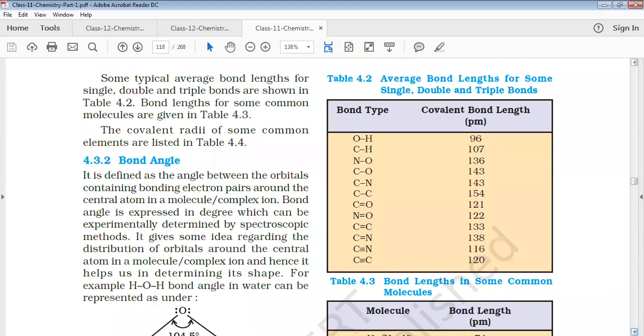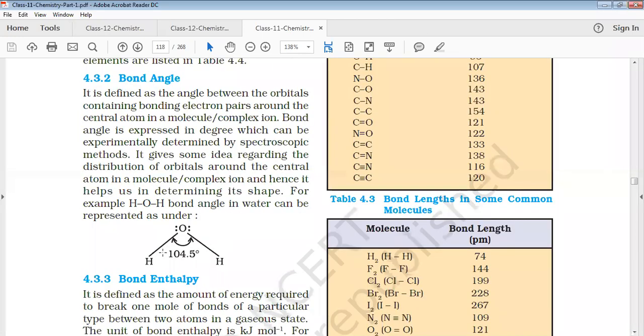Next, second criteria, bond angle. So bond angle is the angle between the two bonds. By diagram you can see, it means how much we can flex or bend or fold it, that gives the bond angle.